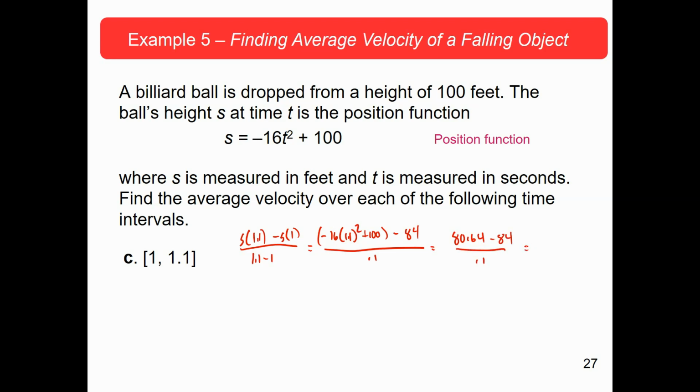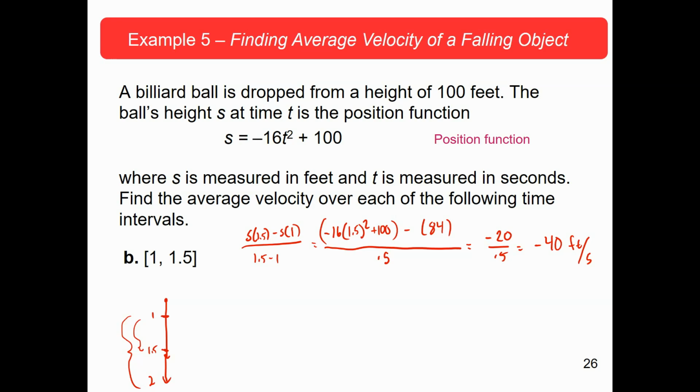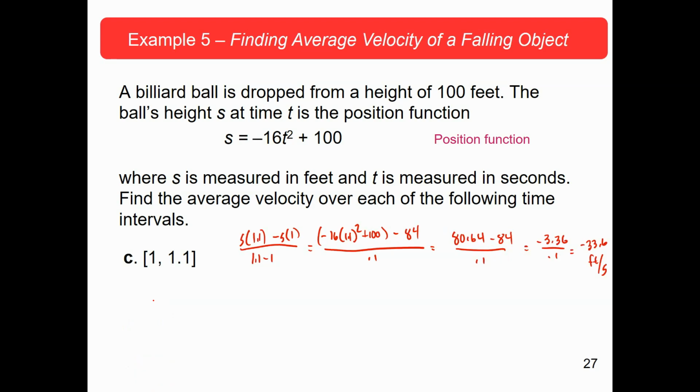So you've got negative 3.36 divided by 0.1, which is negative 33.6 feet per second, which makes sense because we know this was 40. We've got a smaller interval, so now we're talking about just this interval here. So these are all smaller speeds than down here, so it's got to be a little bit less.